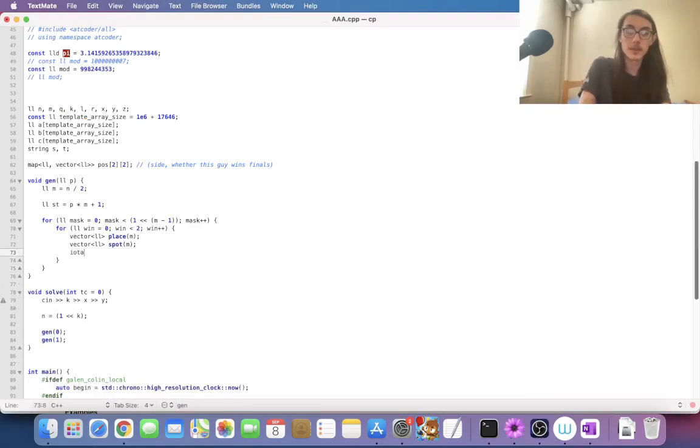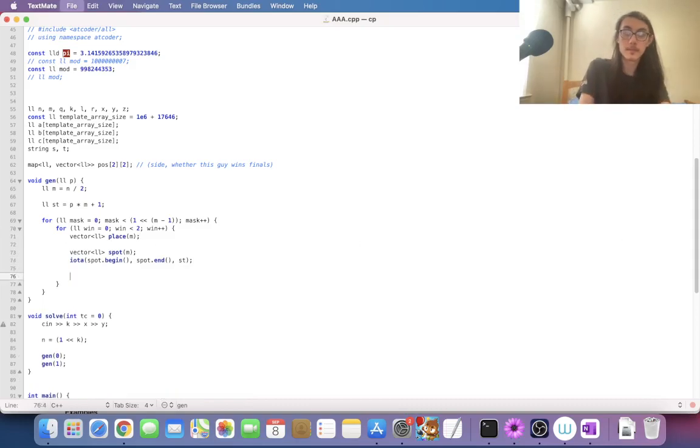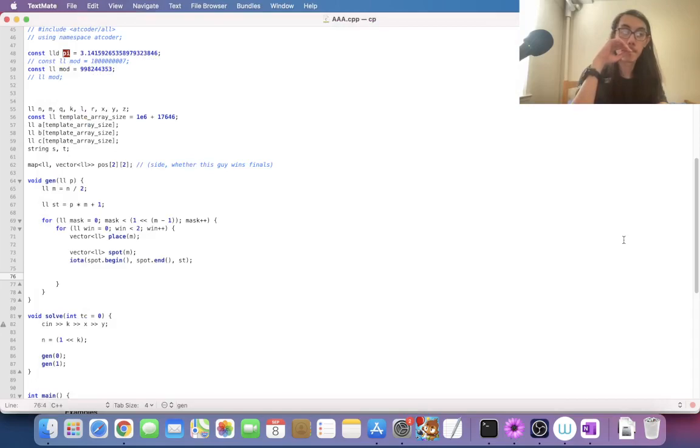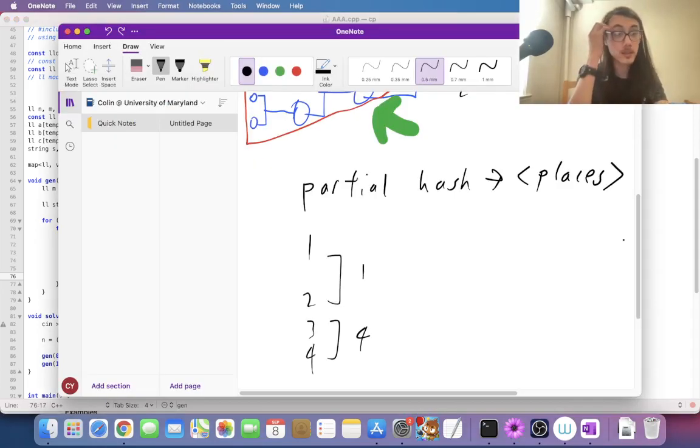So I'm going to fill spot, spot.end, and it should begin with start. So we're going to iterate over the bracket size now.